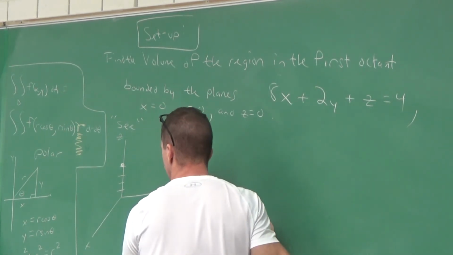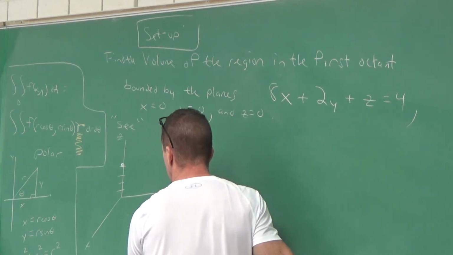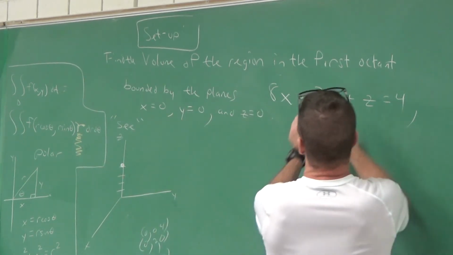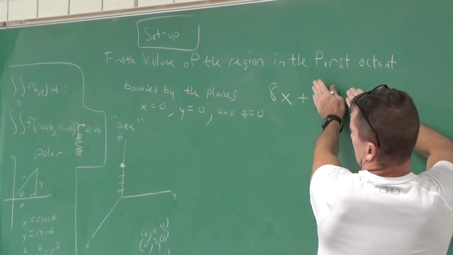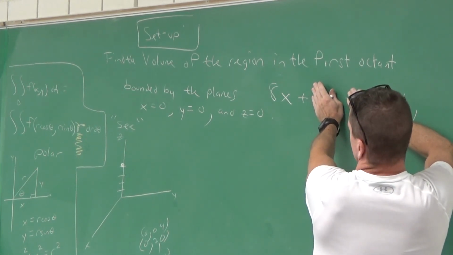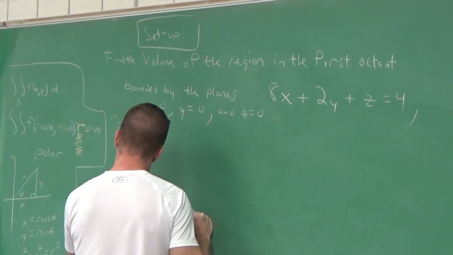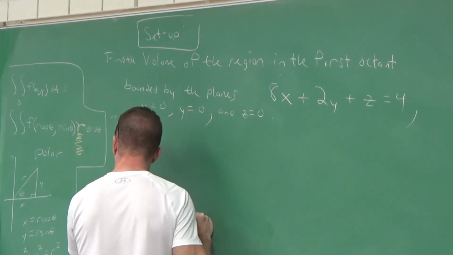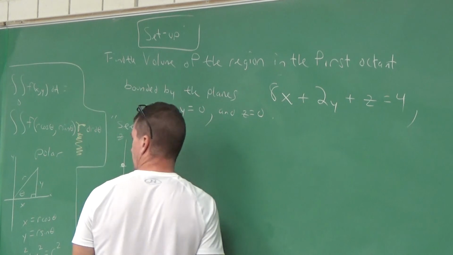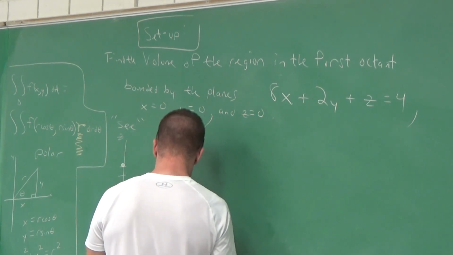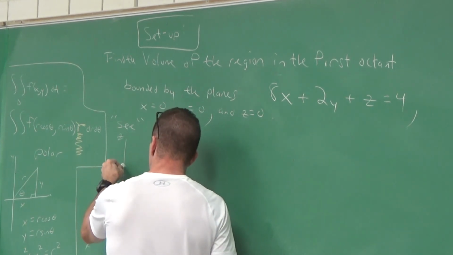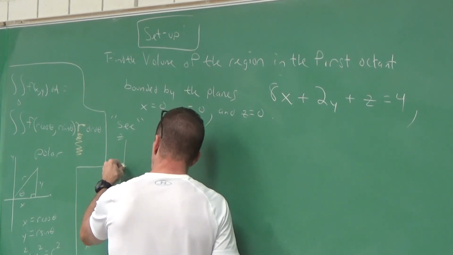One more point. Let's find the x-intercept. What if y and z are both 0? 1.5. Oh, it's a half. Okay, that's alright. X is 1/2. So plot this. 2, but this was just like right here. At 1/2. Well, I'm now going to sketch this. Looks like a triangle, doesn't it? It's the face of that plane.